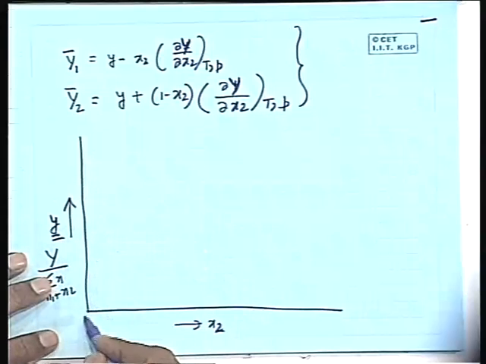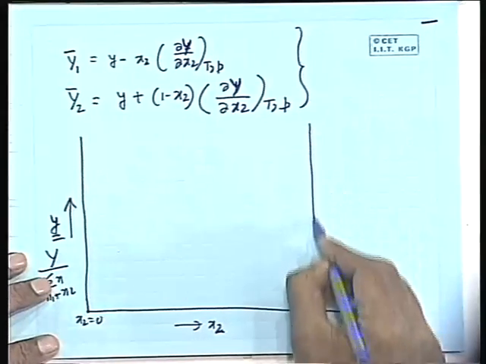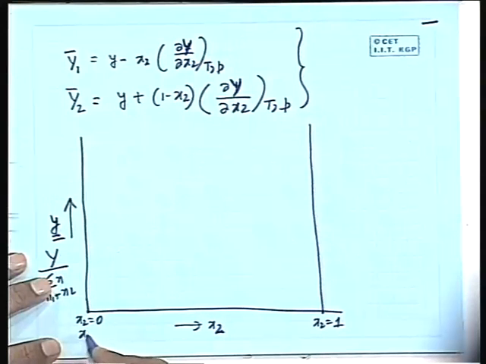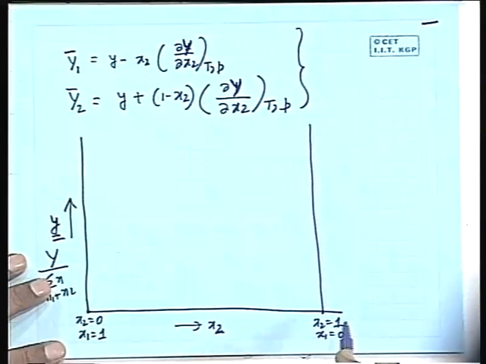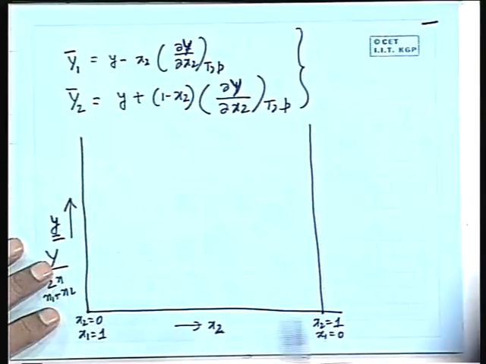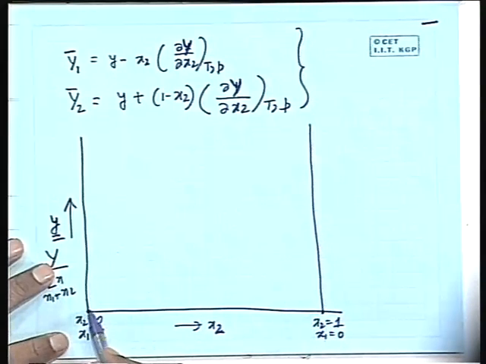If I denote this point as x2 = 0, then x2 = 0 means x1 = 1, and this other point x2 = 1 means x1 = 0. So here x2 = 0, x1 = 1, and here x2 = 1, x1 = 0.